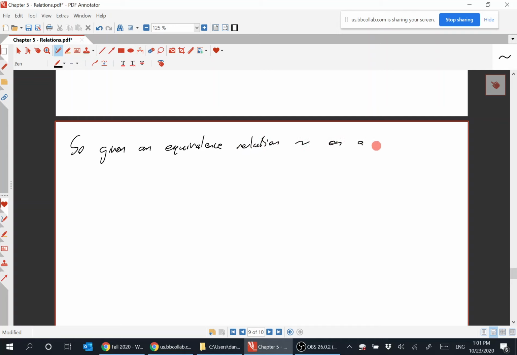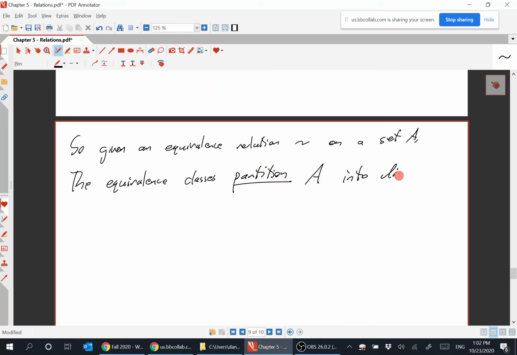So given an equivalence relation, twiddle, on a set A, the equivalence classes partition A into disjoint subsets, where bracket x is equal to bracket y if and only if x is related to y.